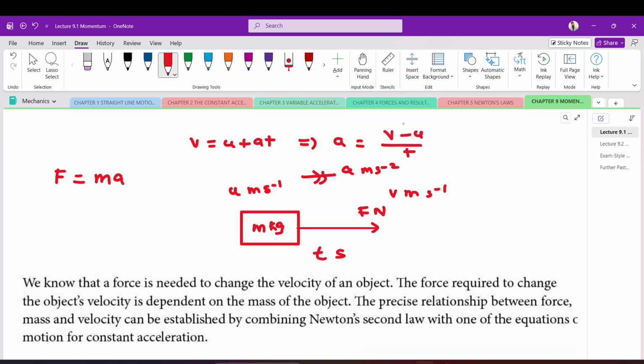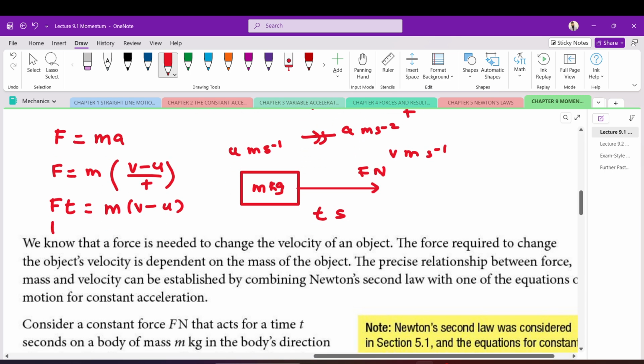And you can substitute a with v minus u upon t into this equation. So we can say F is equal to m times v minus u upon t. Now this t can be multiplied to the other side. So you have Ft, and here you have m times v minus u. If I further expand this, we get mv minus mu.